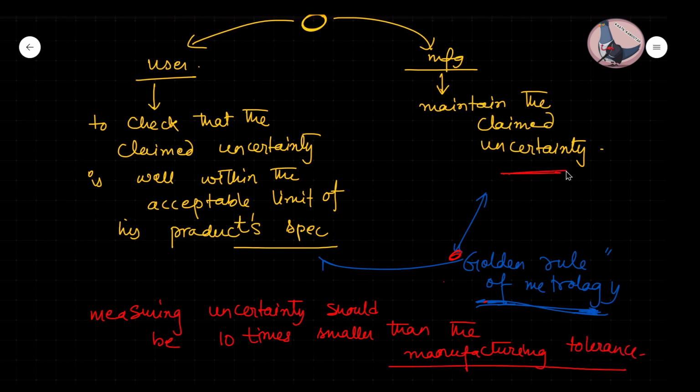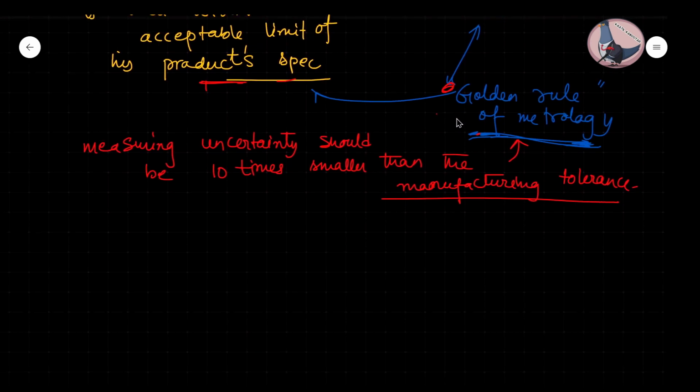This is your manufacturing tolerance, and this is your uncertainty. So your measuring uncertainty should be 10 times smaller than the manufacturing tolerance, and this is also called the golden rule of metrology. Now this measuring uncertainty can come because of many reasons.